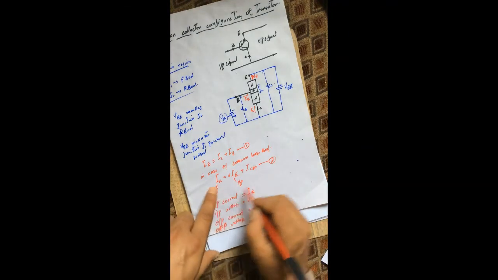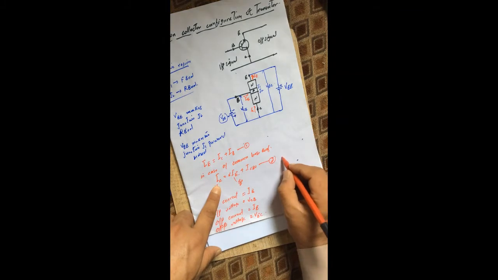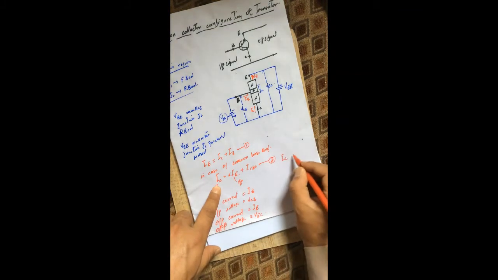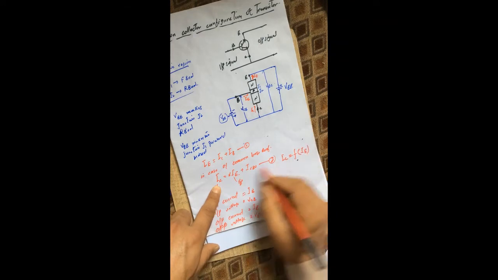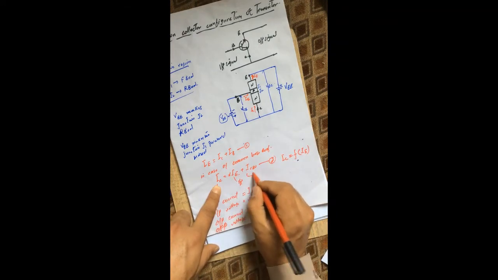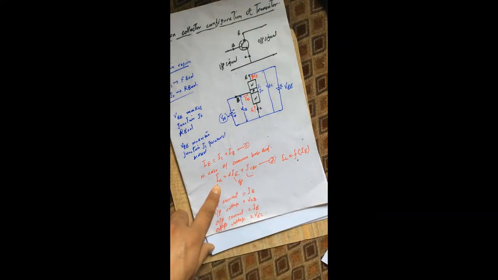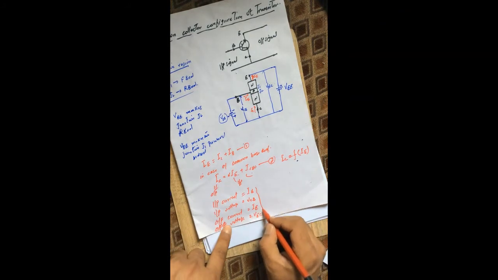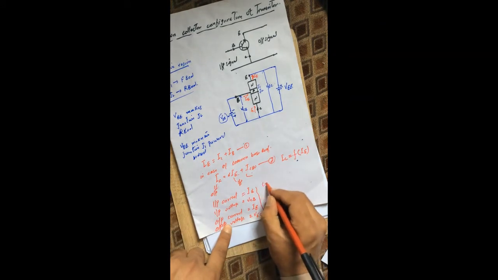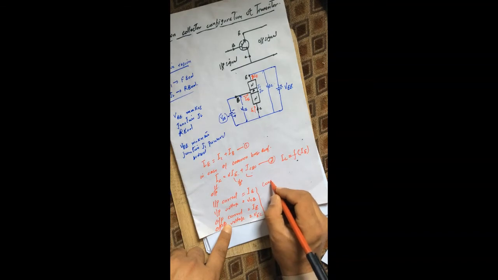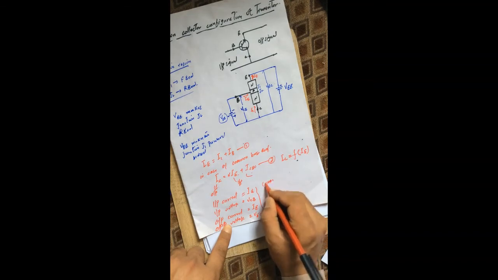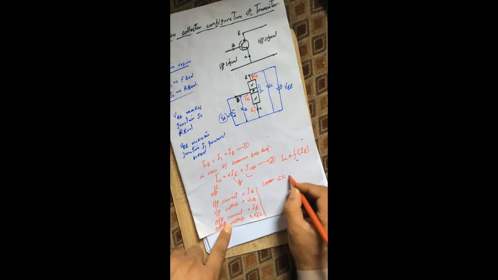In the common base configuration, the output current IC is a function of the input current IE. So it means that for common collector configuration, we will also derive the relation for CC, common collector configuration.